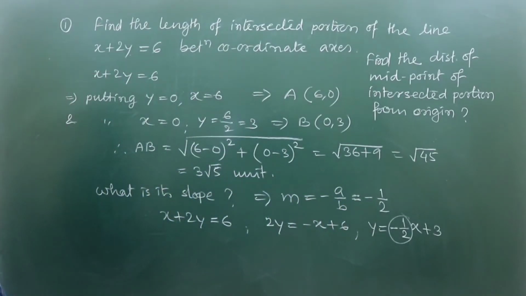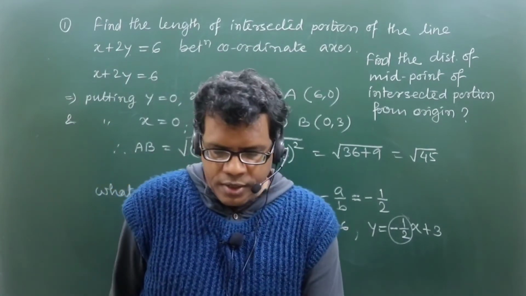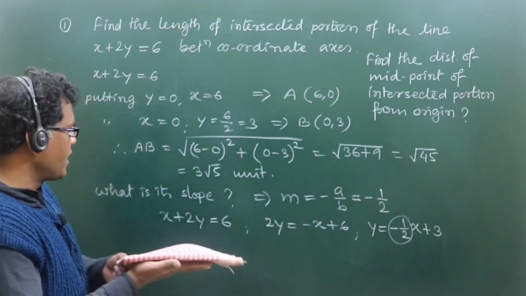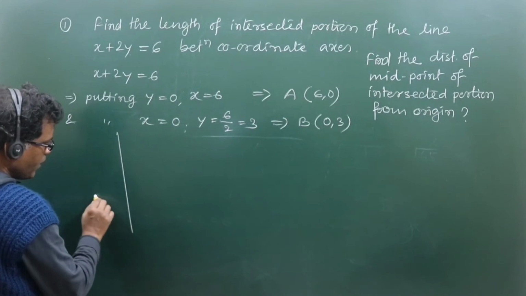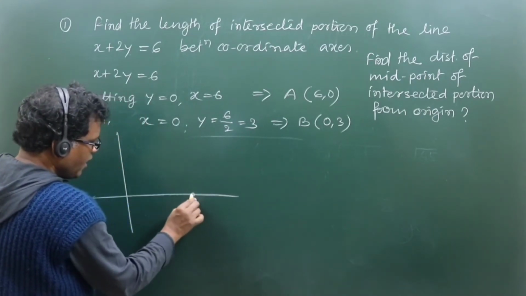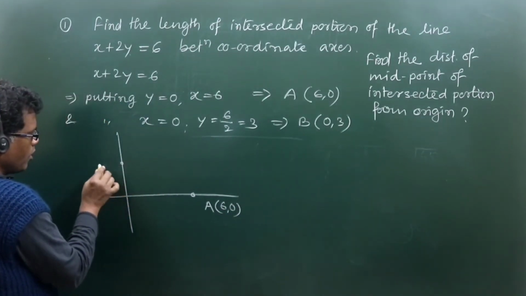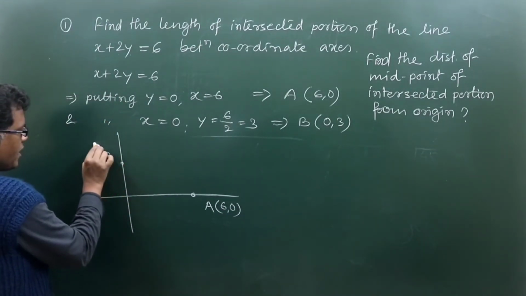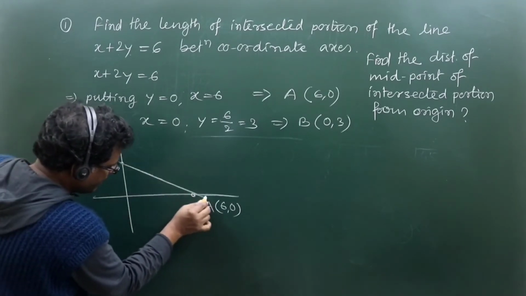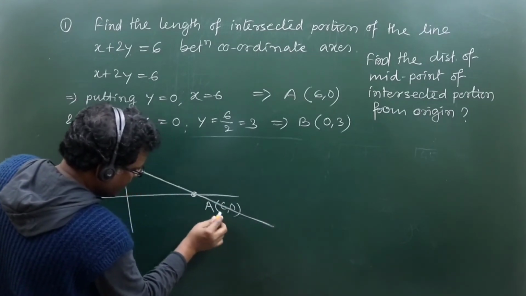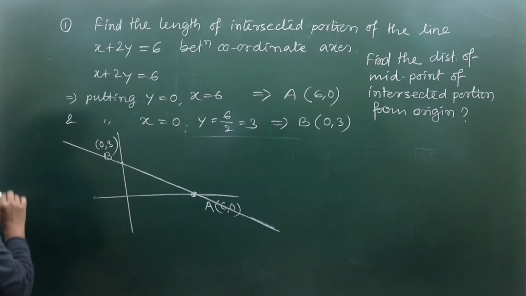So using section formula, you can find out the coordinates of the midpoint of intersected portion. See, the point A, 6, 0 was the x intersecting point and B was 0, 3, isn't it? So the given line must appear on coordinate axis something like this.